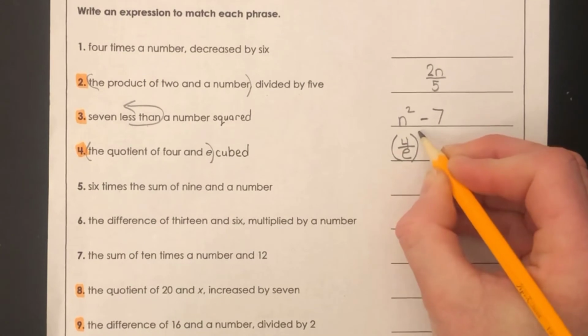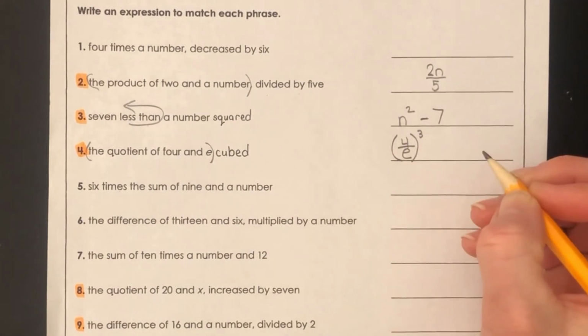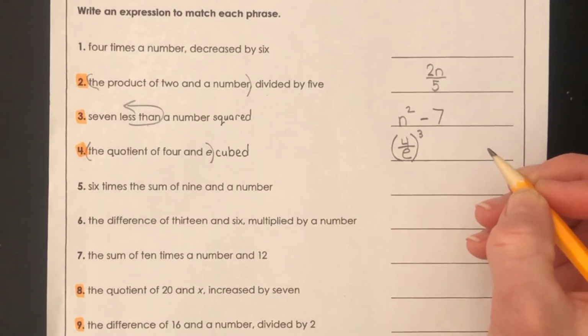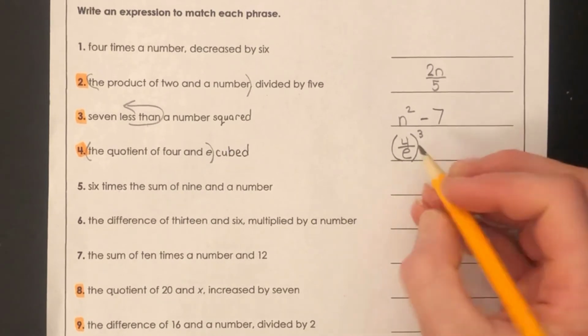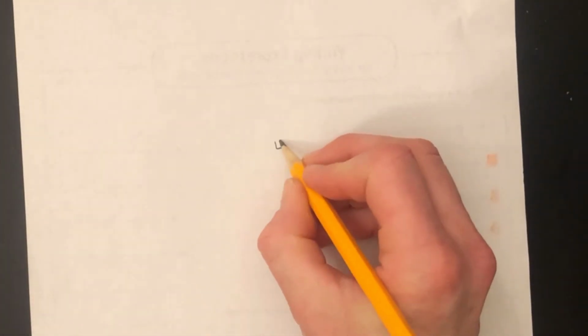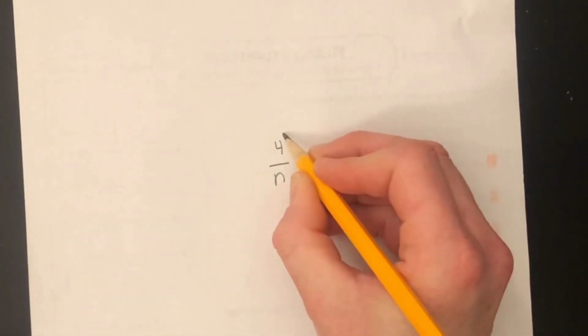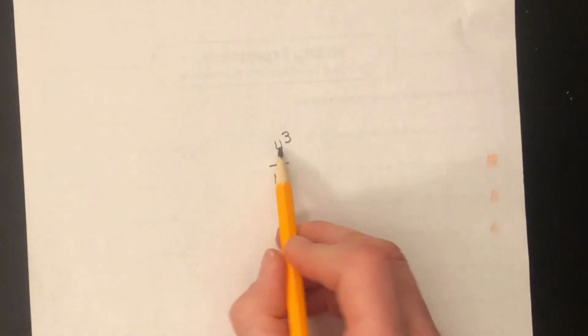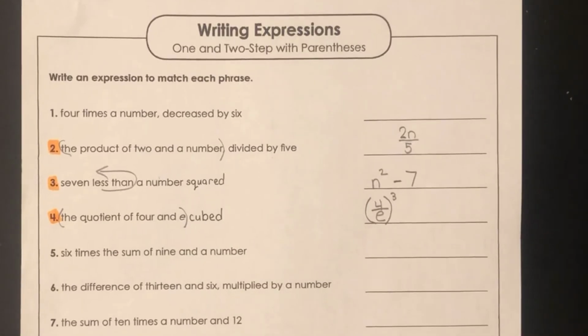So we will cube the whole thing. Anytime you put an exponent with a fraction, you need to put parentheses around it. If I had written it like this, then only the 4 would be cubed. That's why the parentheses, e.